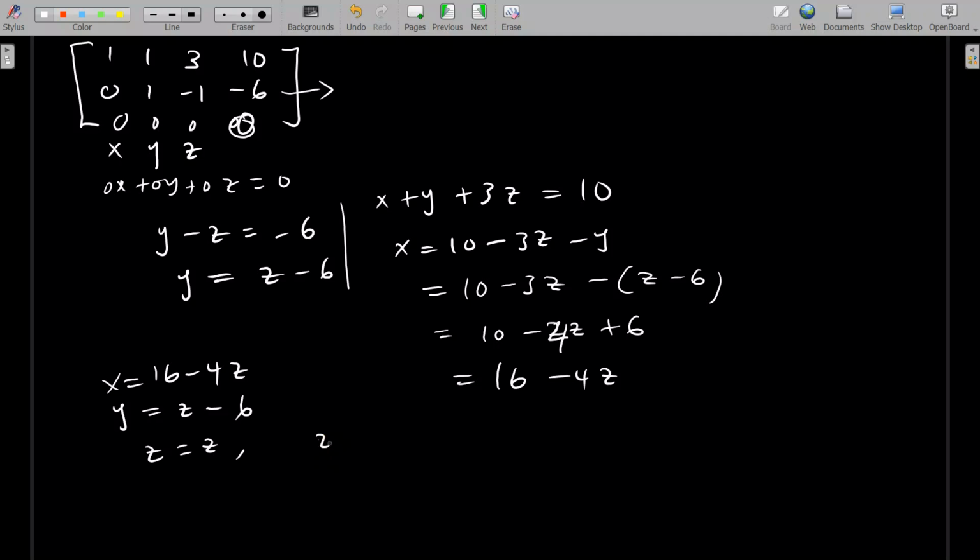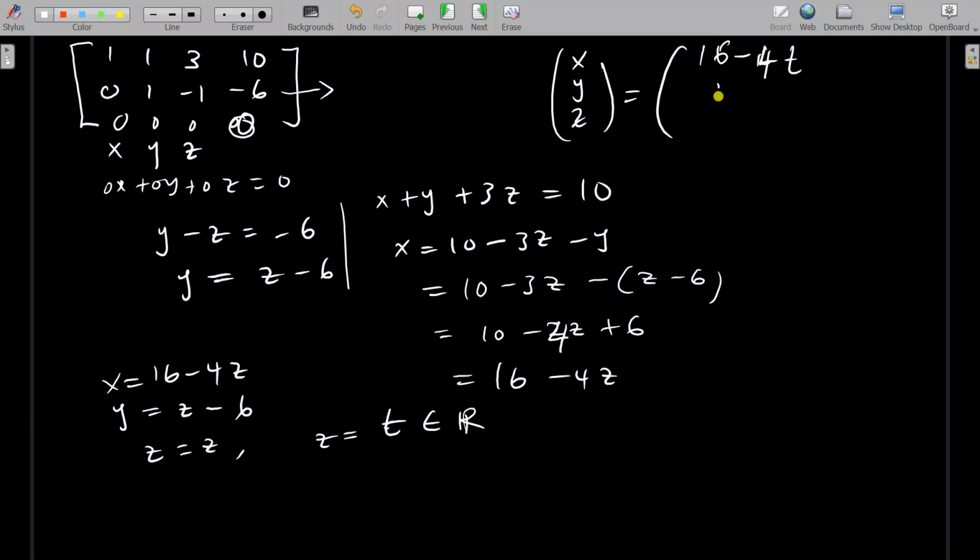So if I choose z to be any real number, maybe t, then I can say that my solution x, y, z is actually equal to x is what? 16 minus 4t, right? Because z is actually t. And then my y will be t minus 6, and then my z is going to be t.